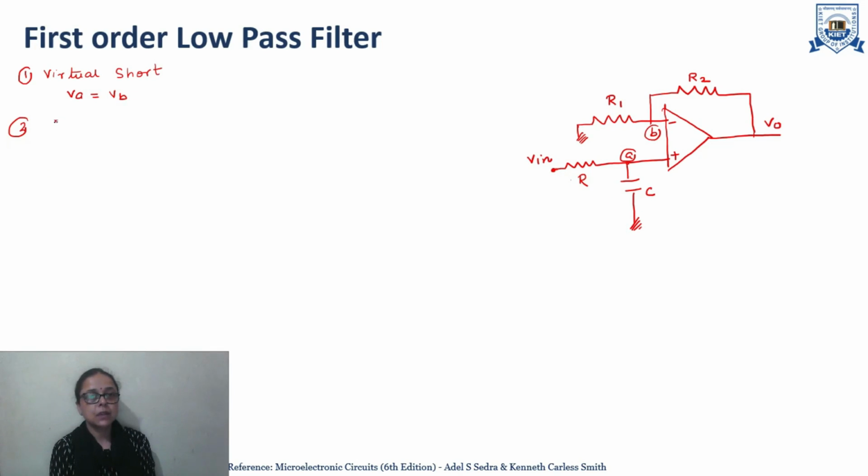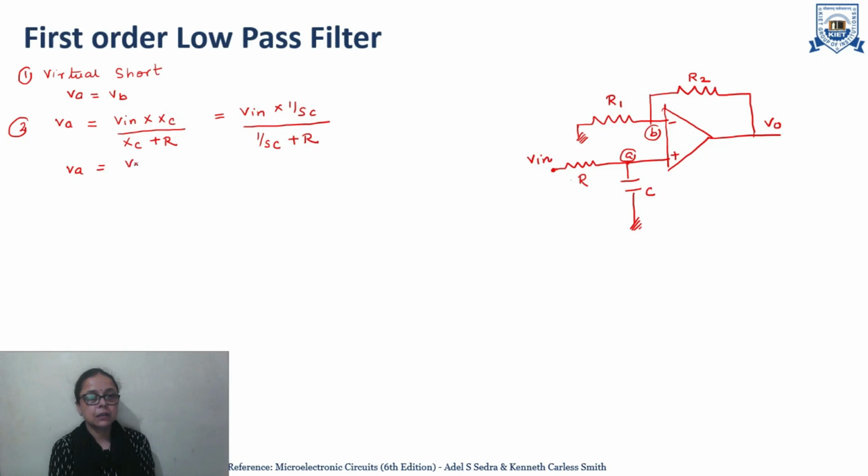First of all, VA in terms of Vin will be Vin multiplied by the impedance XC divided by XC plus R. Now impedance XC can be written as 1 upon SC, so VA equals Vin into (1 upon SC) divided by (1 upon SC plus R).